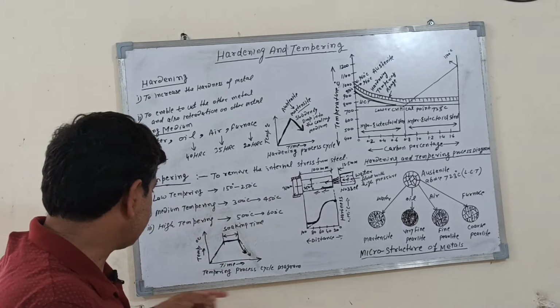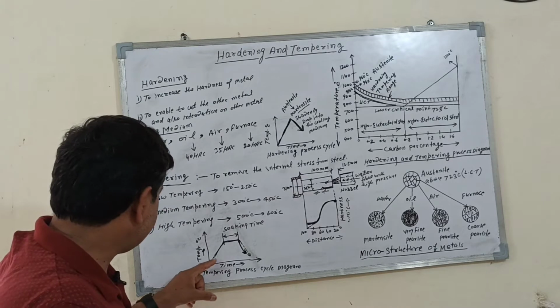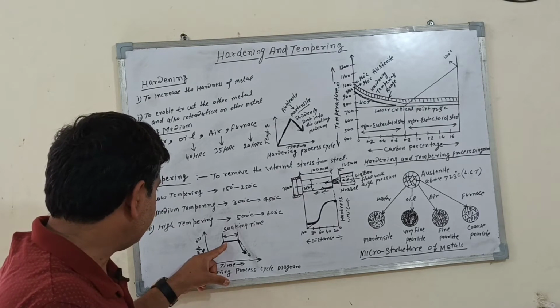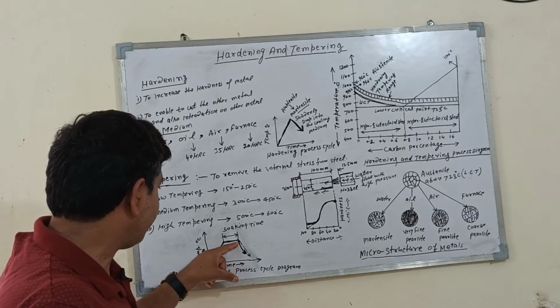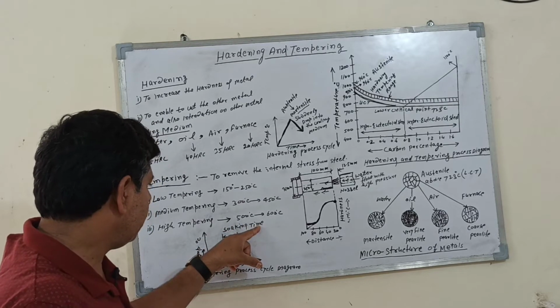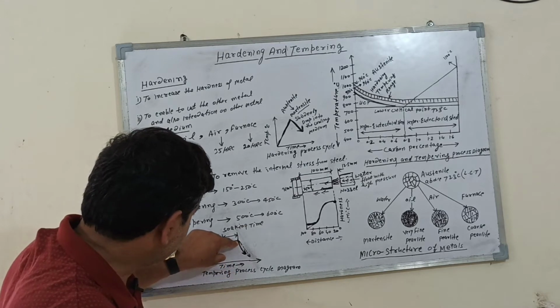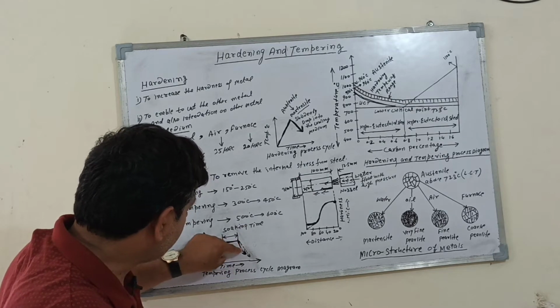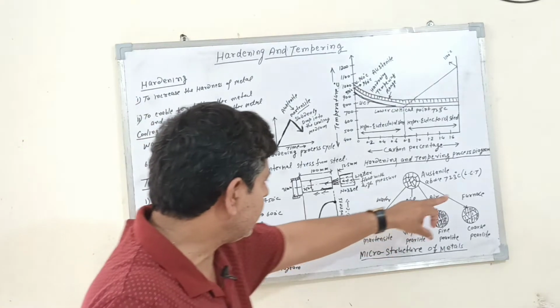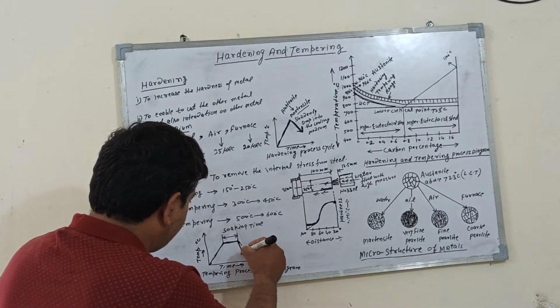This is the cycle that represents tempering. The metal is heated and the workpiece is held in a furnace. This holding time is called the soaking time. The metal is then cooled in the furnace.